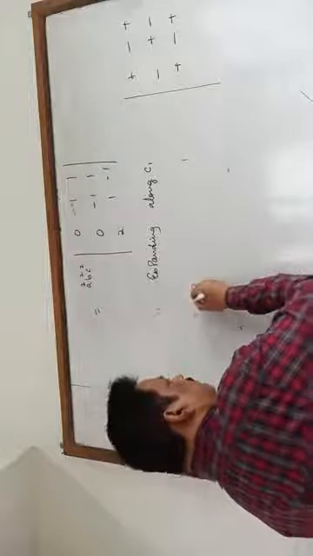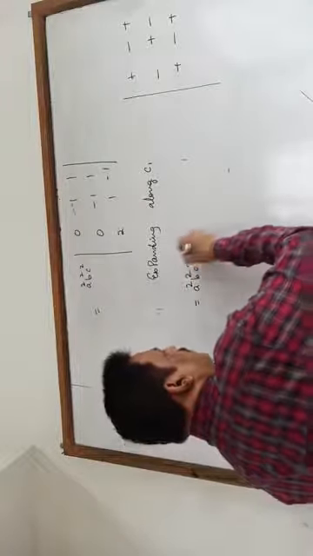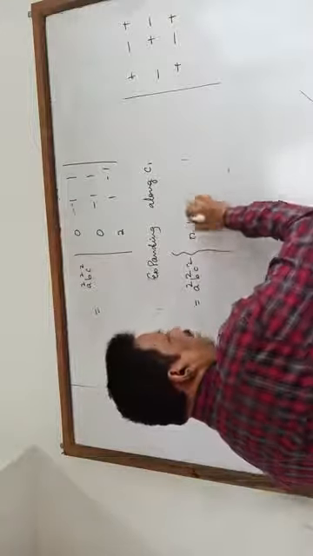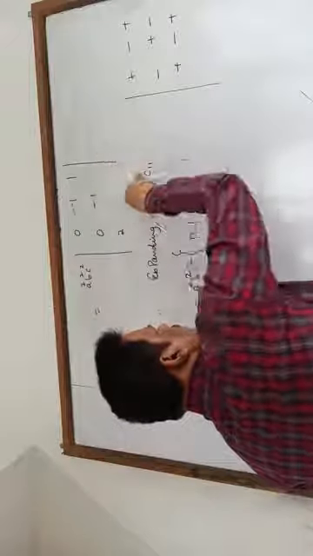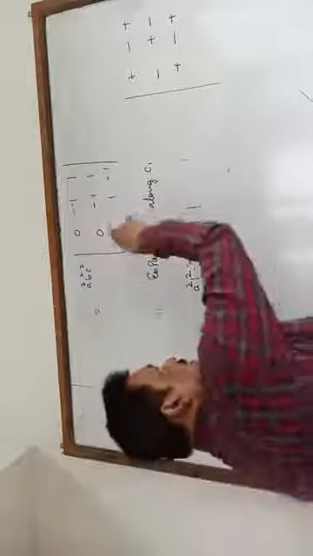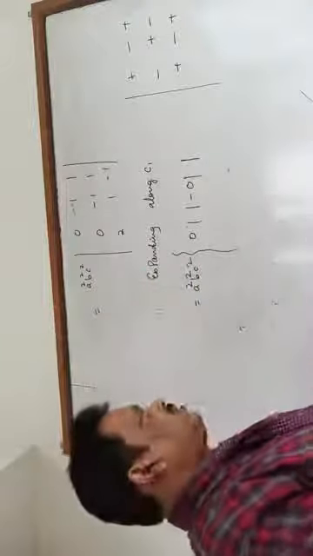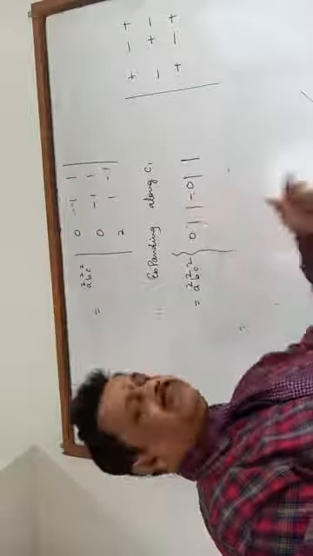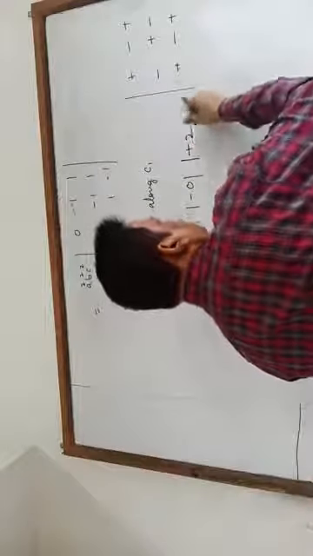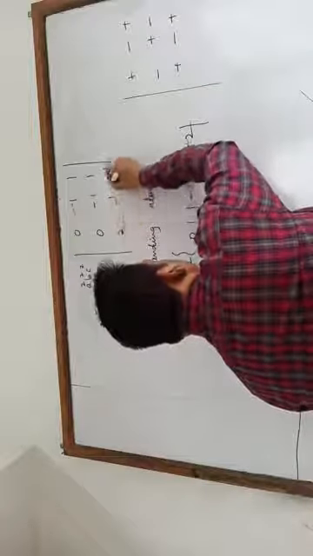So we get here a square, b square, c square. Then what is the evaluation you see? 0 is the minor, but no need to write it because 0 into anything will be 0. Again minus 0 is the minor, will not write because why to calculate? When you multiply by 0, it will become 0. Then plus 2, because the sign is plus. Forget this line and this line.